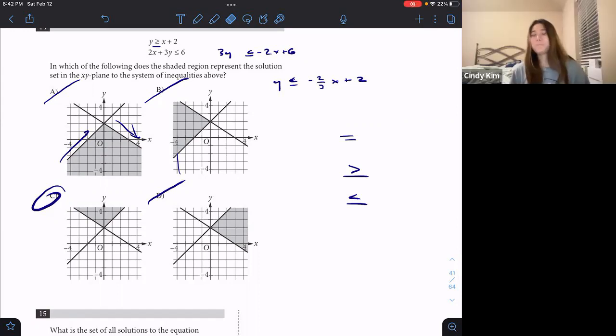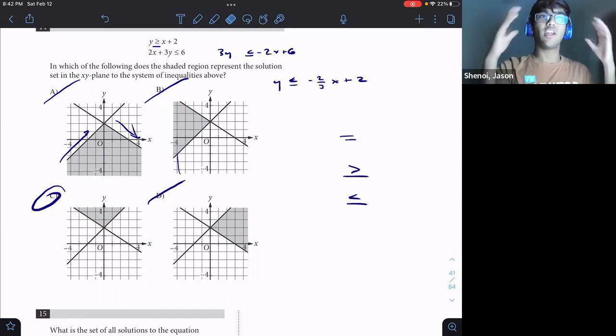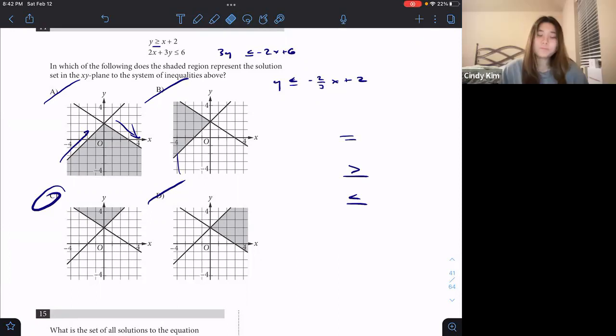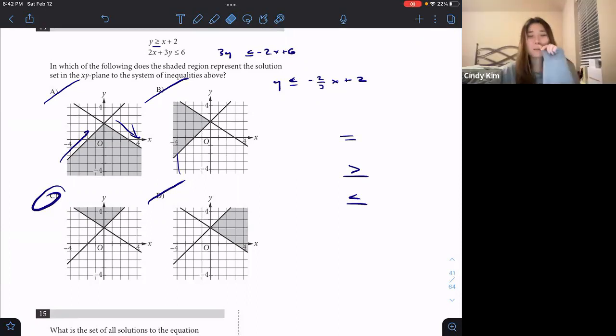So wherever they intersect, and in this case, wherever the inequalities intersect or wherever the shaded parts intersect. Does that make sense? Yeah, got it. Okay. I guarantee you an inequality problem is going to show up.